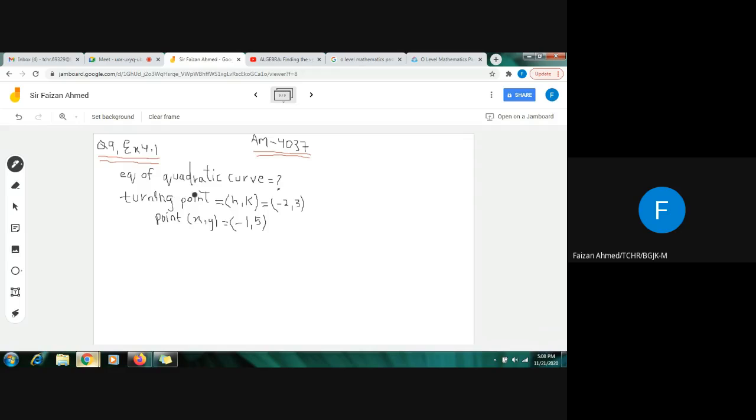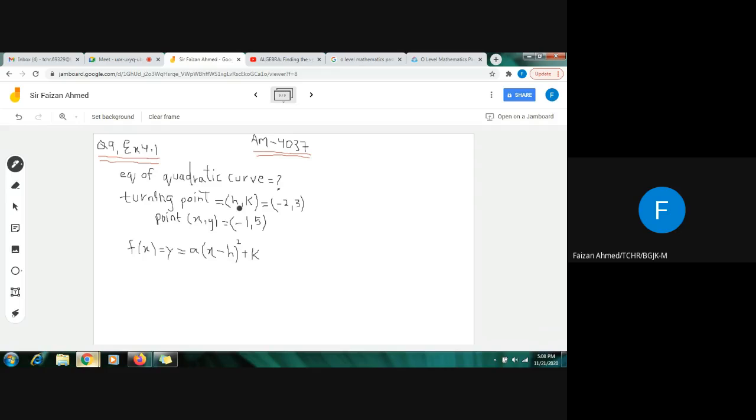Since the turning point has been given to us, we will be using the vertex form, which is f(x), or we can also write y, equals a(x - h)² + k. This is the vertex form of the quadratic function.